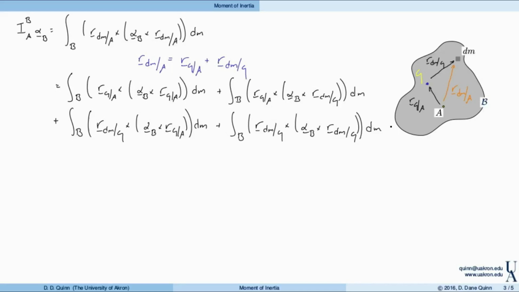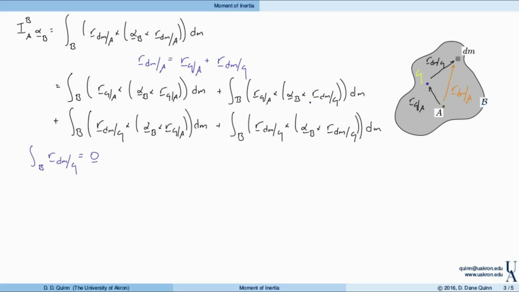So now we're going to make use of the fact that we used the mass center, because as you recall, the mass center was defined as the specific point for which the integral over the body of r dm with respect to G vanished. So G is the center of mass. Right? This is the definition of the mass center, and this is what it means to be the center of mass. So now, with that, we see that r of G with respect to A and alpha are constant over the body.